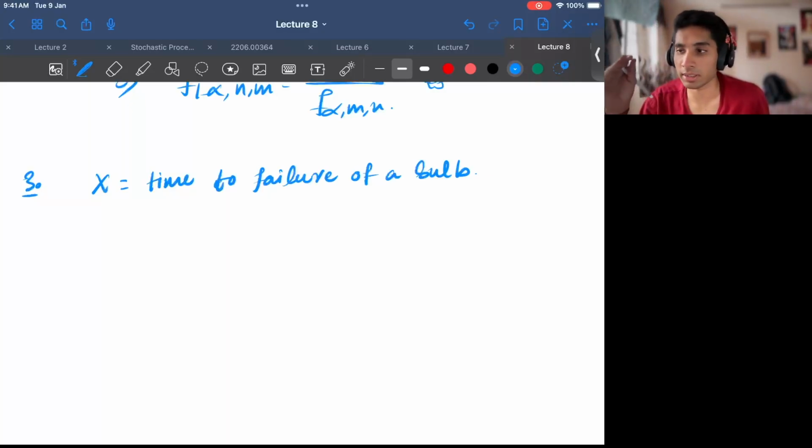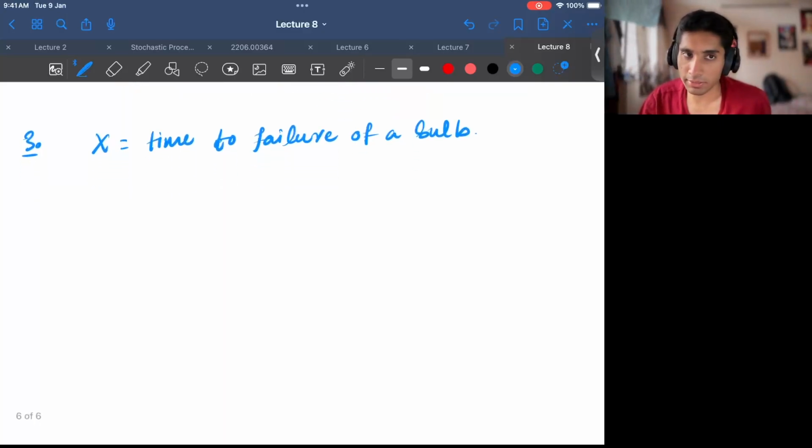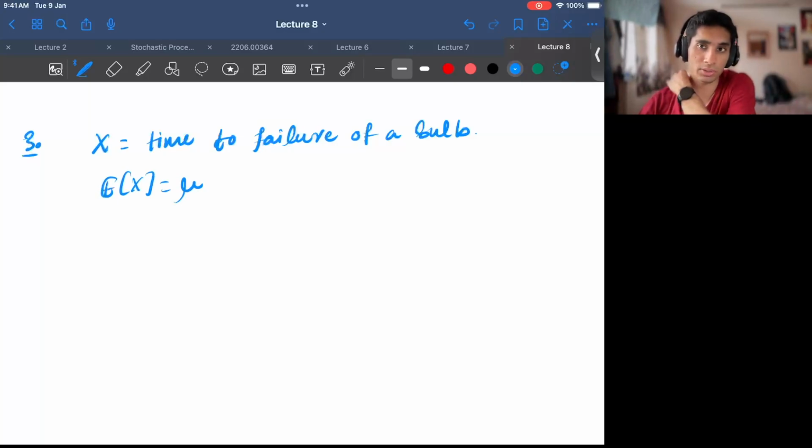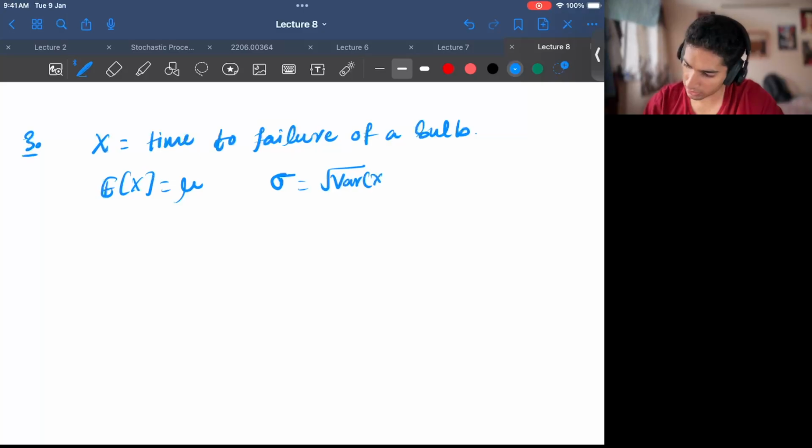It is given to us that the expected value of X is equal to mu. Mu is given to you, and it is also given that the standard deviation sigma, which is the square root of the variance of X, is 80.